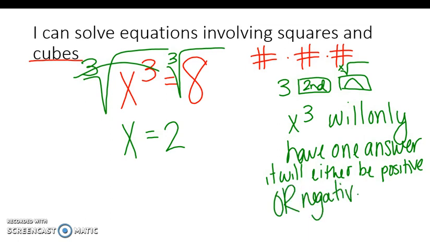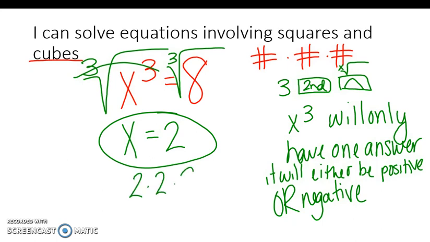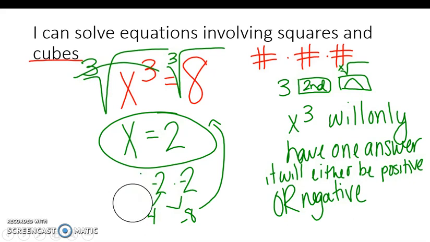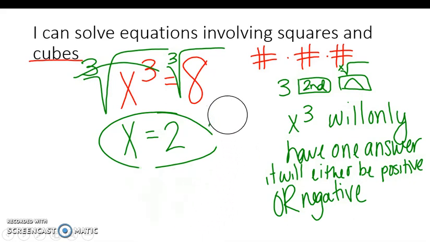So guys, since x cubed equals a positive 8, then I'm going to have a positive answer. Because remember, if I take 2 times 2 times 2, that's the only way for me to get a positive 8. If I was taking a negative 2 times a negative 2 times a negative 2, I would get a negative 8, which is not what that said. So the only possibility here is for x to be a positive 2, since my original problem had a positive 8.